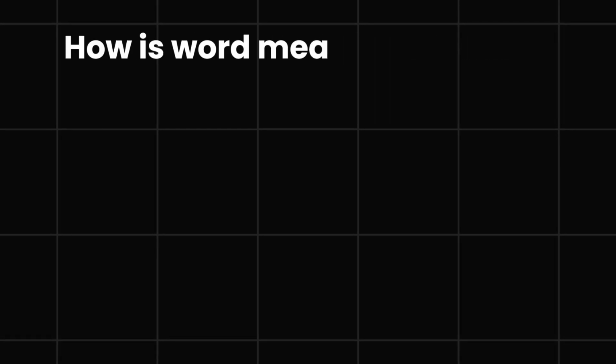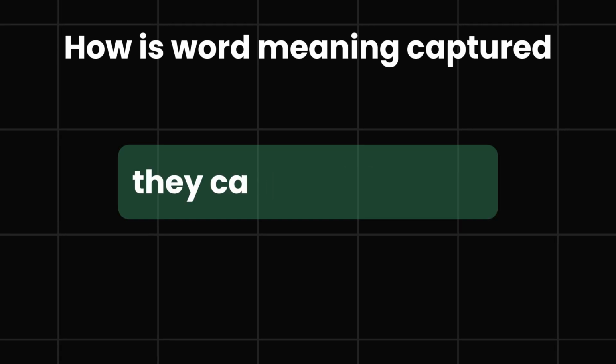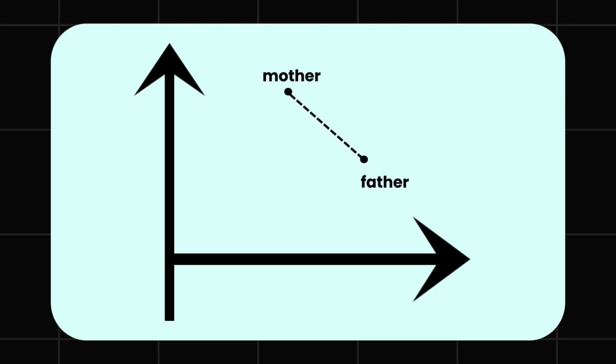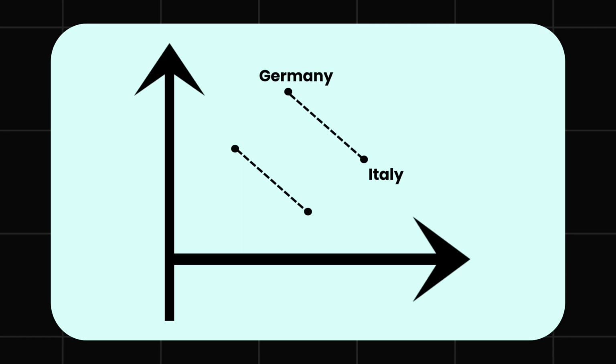So how is word meaning captured? These vectors aren't just random numbers, they actually capture meaning. For example, the vector of mother minus father is roughly the same as woman minus man, and Batman minus Bruce Wayne is similar to Superman minus Clark Kent. And one that I got from the 3Blue1Brown visual explanation was something like Germany minus Italy being synonymous with Hitler minus Mussolini.